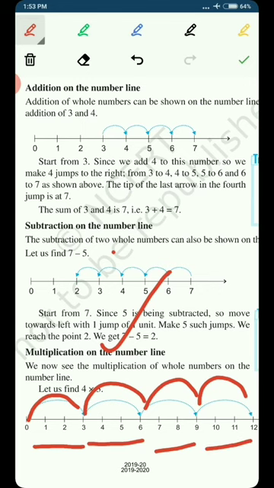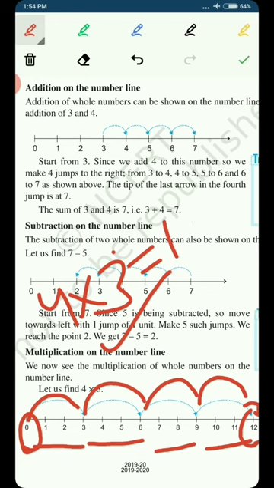So we are taking jumps of 3 units, 4 times from 0 to show the multiplication of 4 and 3. After the 4 jumps, we are reaching at 12. So it means 4 into 3 is equal to 12.